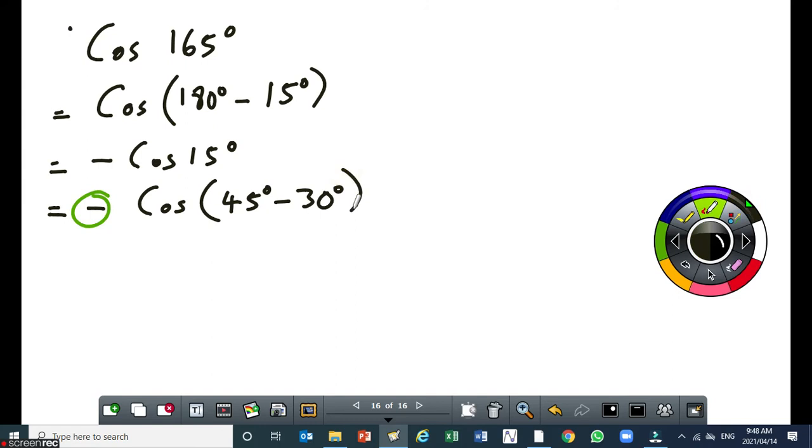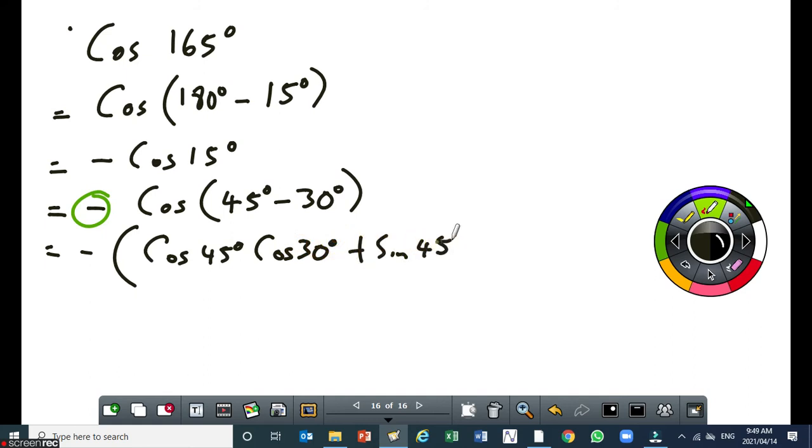I'll put that in brackets, then I'll say minus, and I'll open a bracket, and I'll simplify that using the compound angle formula. So you get cosine of 45 degrees times cosine of 30 degrees plus sine 45 degrees times sine 30 degrees.